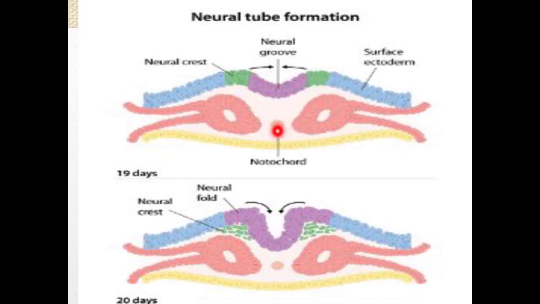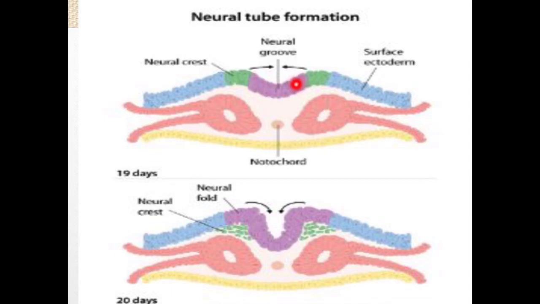After the formation of the notochord, it induces the overlying layer of ectoderm to get converted into another form, that is, the ectoderm is differentiated into neuroectoderm. This purple color is neuroectoderm, right?